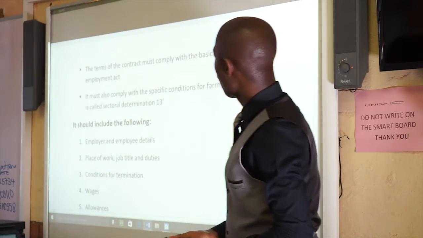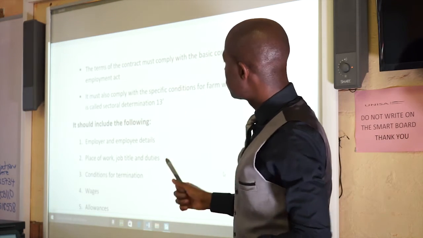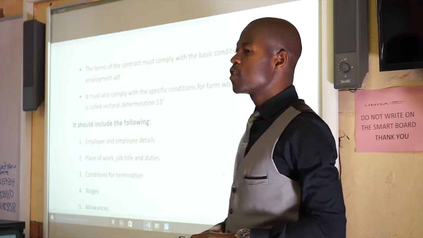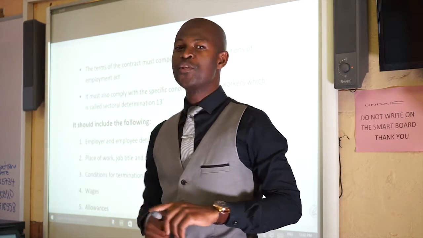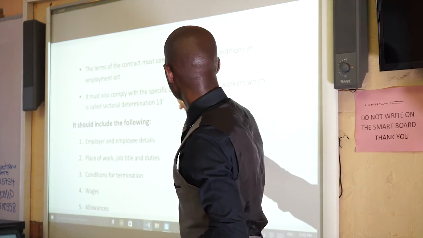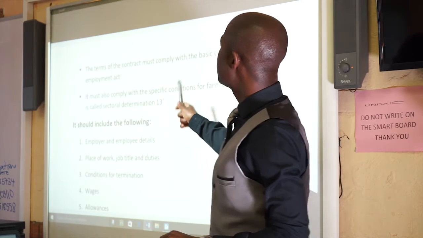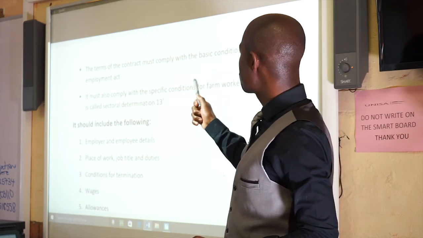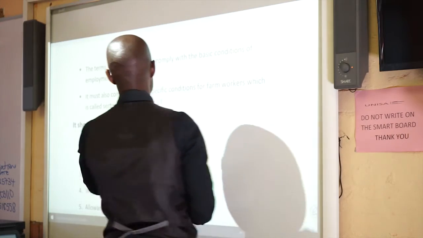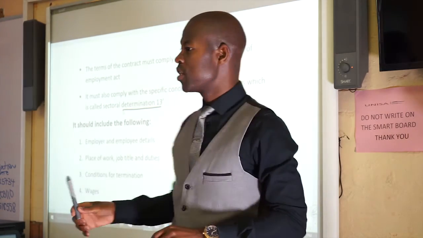Now, when we look into that, it is said that the terms of the contract must comply with the Basic Conditions of Employment Act. You need not compile your own contract that is not in line with Basic Conditions of Employment. But also, it must comply with specifications for farm workers, which is called Sector Determination 13.